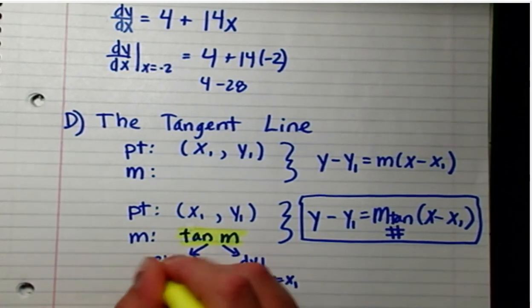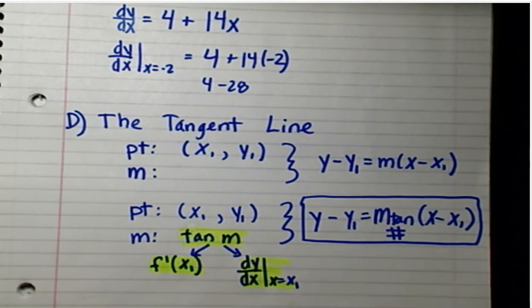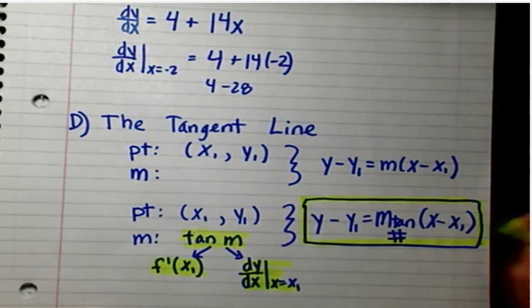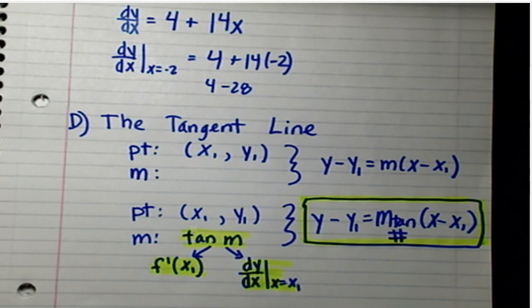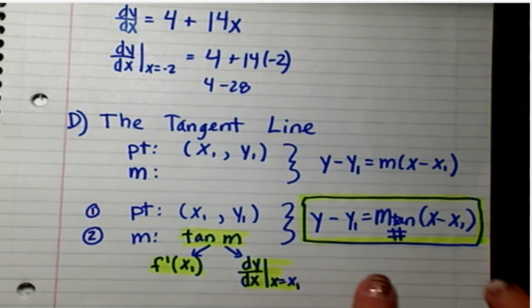Okay, so tangent slope is represented by f prime of x or dy/dx. Kind of like those examples we just did where we found a number. So our last example is going to be writing the equation of a tangent line. So here's your formula. There's your tangent line. Okay, I need to know this. Okay, that's the thing I'm going to be filling out. I need a point and a slope in order to use that formula. That's what we're going to be trying to find.